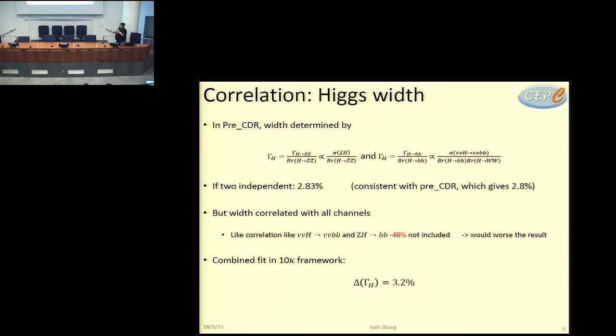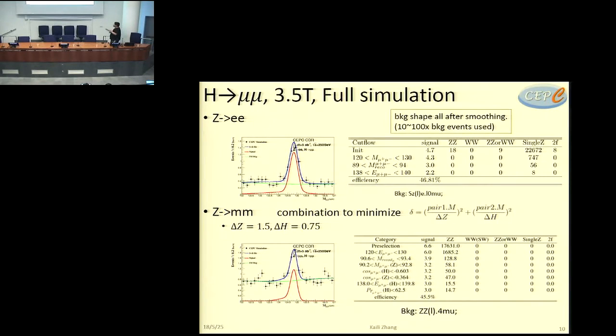But we know that the Higgs width is actually correlated to the other channels, and we must consider the anti-correlation we mentioned before, which would worsen the result. And so in the 10-kappa combined framework, we get the Higgs width precision of 3.2%.